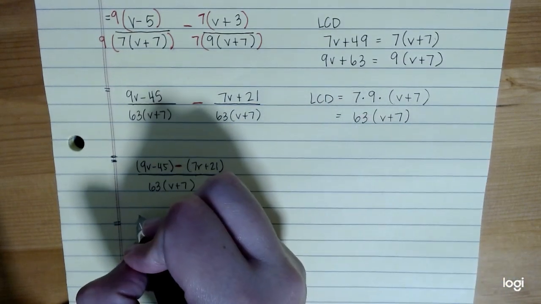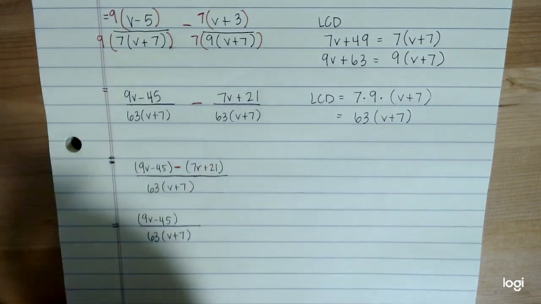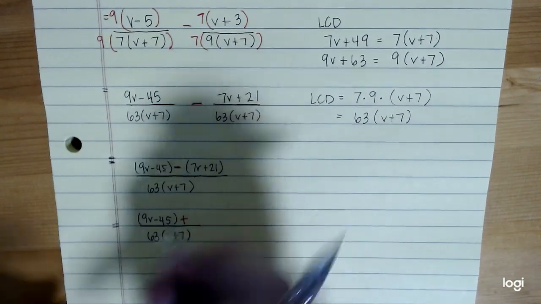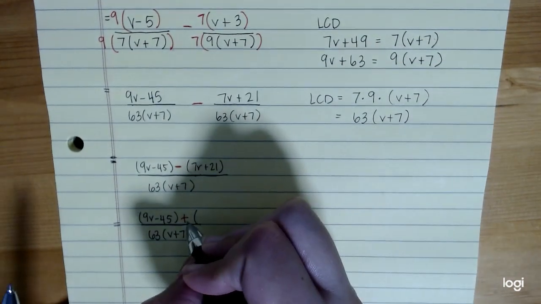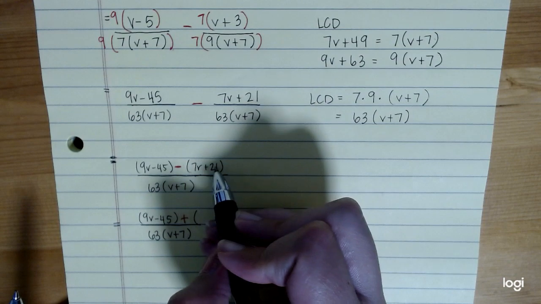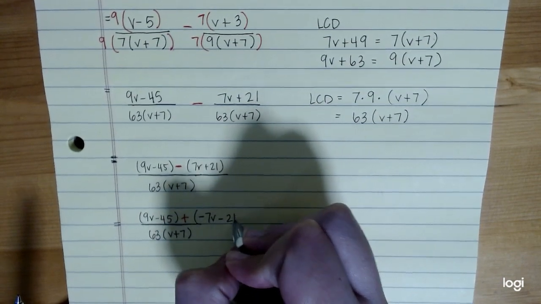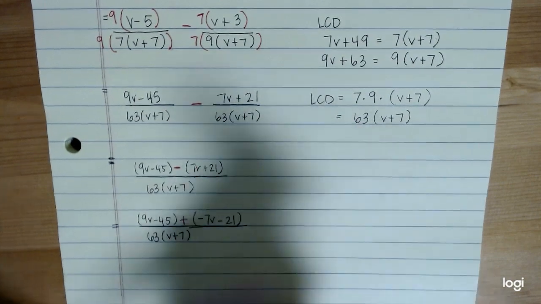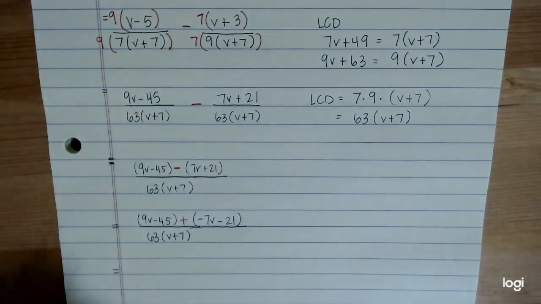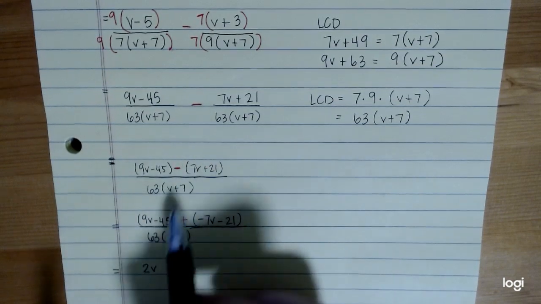I'm actually, again, going to change that to addition. And when we change that sign, the minus to the plus, we have to change these signs as well. So it's going to be a negative 7v minus 21. So if you struggle with that, that's definitely a technique to kind of remind yourself.